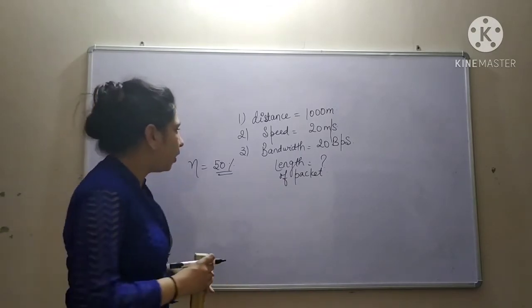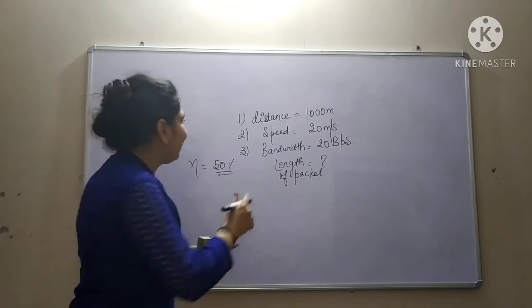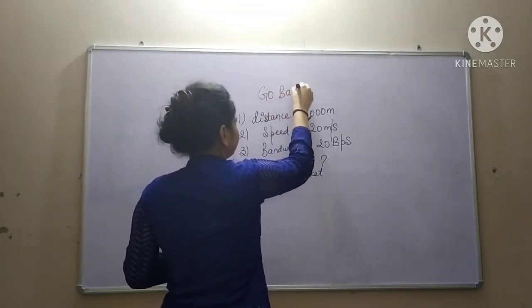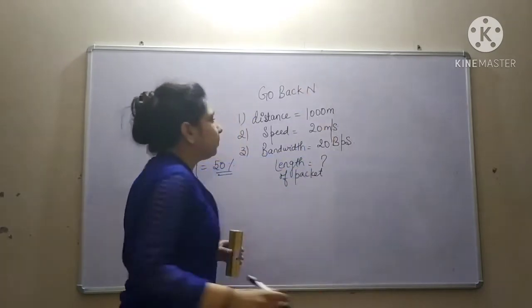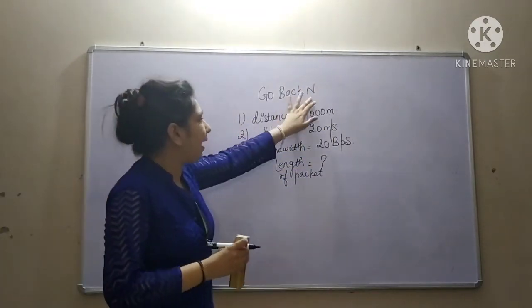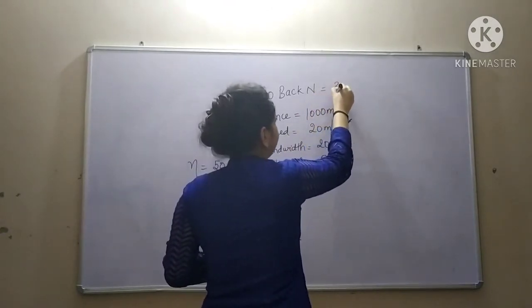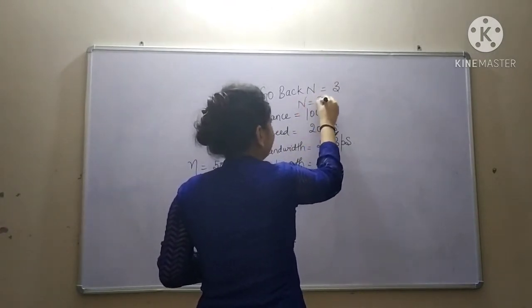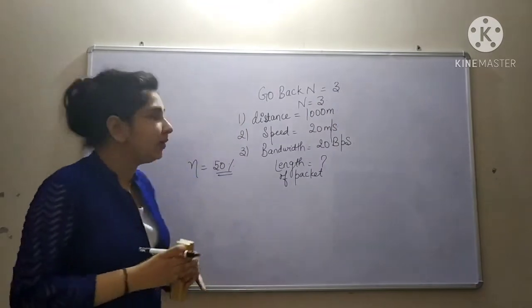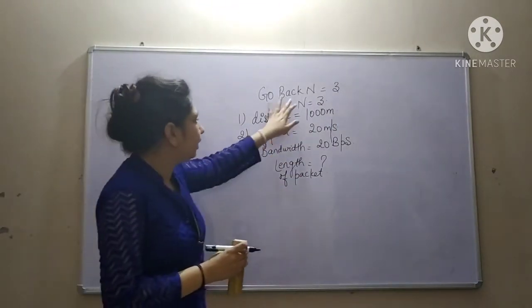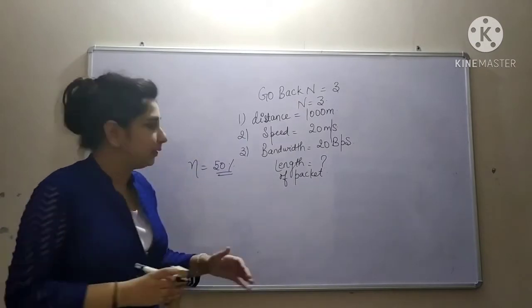So what is the formula? In go back n, let's suppose the value of n is 3. 3 packets can be transmitted on the channel at one particular point of time, one after another.